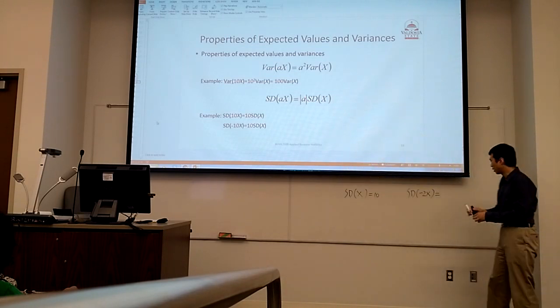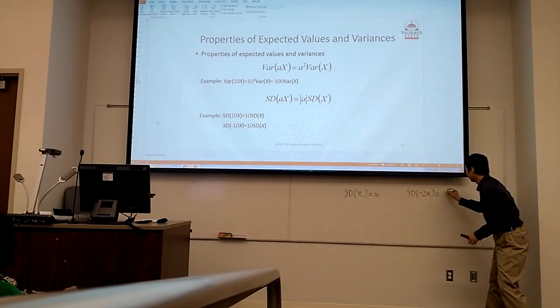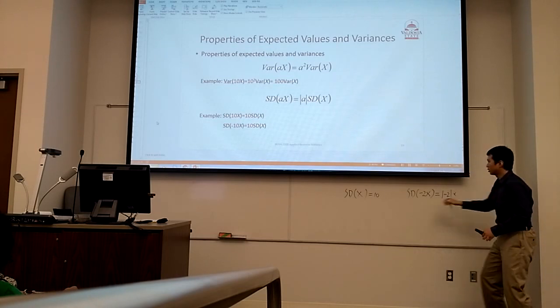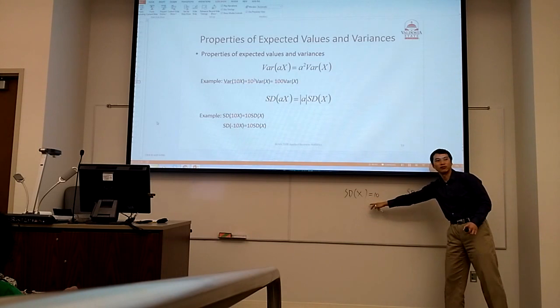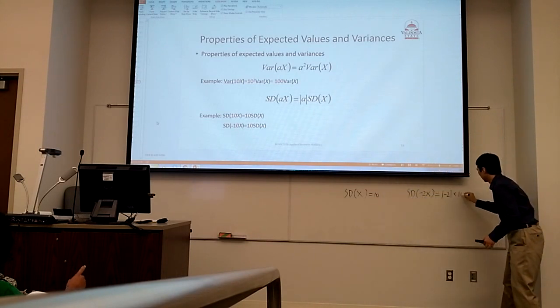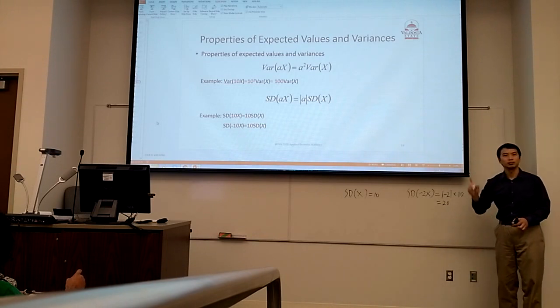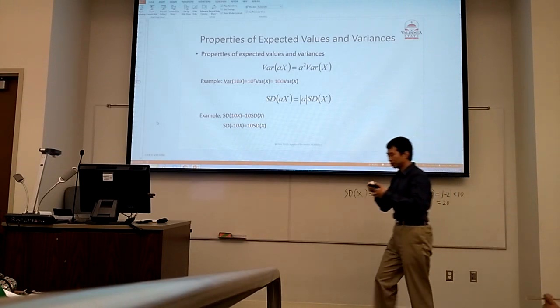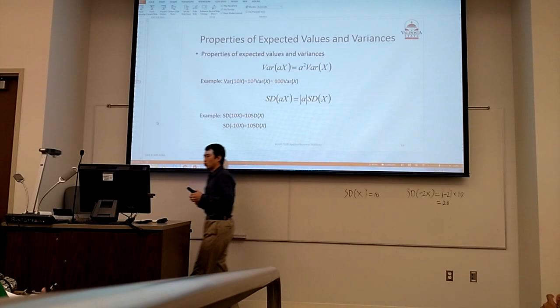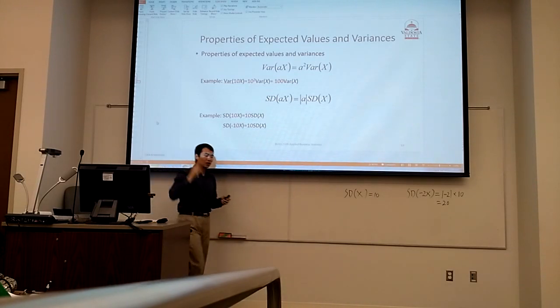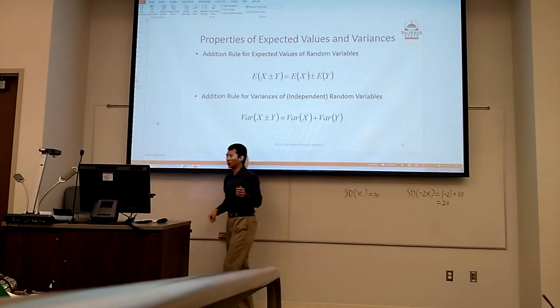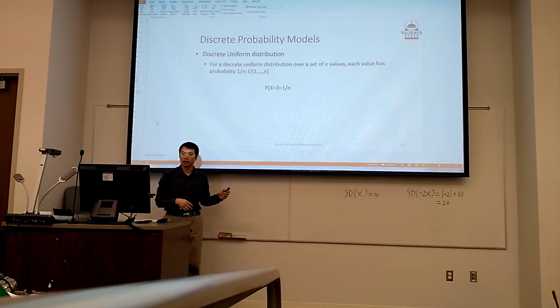So that's why this is equal to the absolute value of 2 times the standard deviation of x, which is equal to 20. Okay? That's one of the properties. We have other properties, but we will not discuss those in detail.